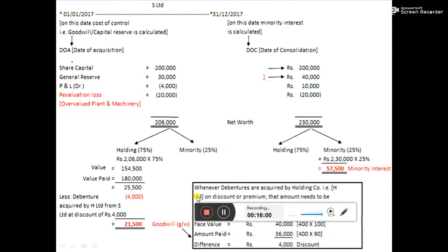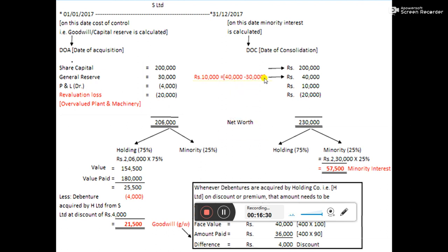Now we will see whether there is a change in the full year from the starting balance to the closing balance. In general reserve, the opening balance was 30,000. Now the closing balance has reached 40,000, which simply means there is an increase of 10,000, that is a profit of 10,000 from 1st January 2017 to 31st December 2017.